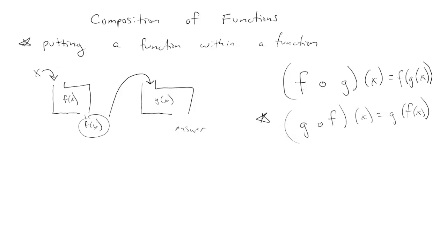Okay, how we can read this is that it's read like this. It's read as f, so this one, f composed with g. Or we can say it this way, f of g of x. Okay, I want to make this very clear.